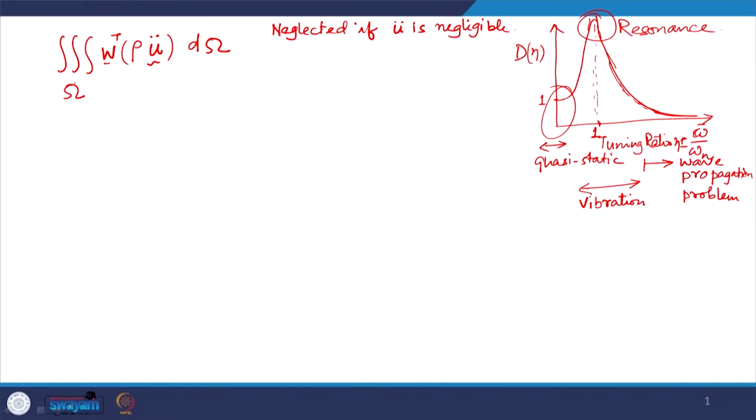So, in our finite element formulation, the domain integrals have to be replaced by integrals over individual elements.